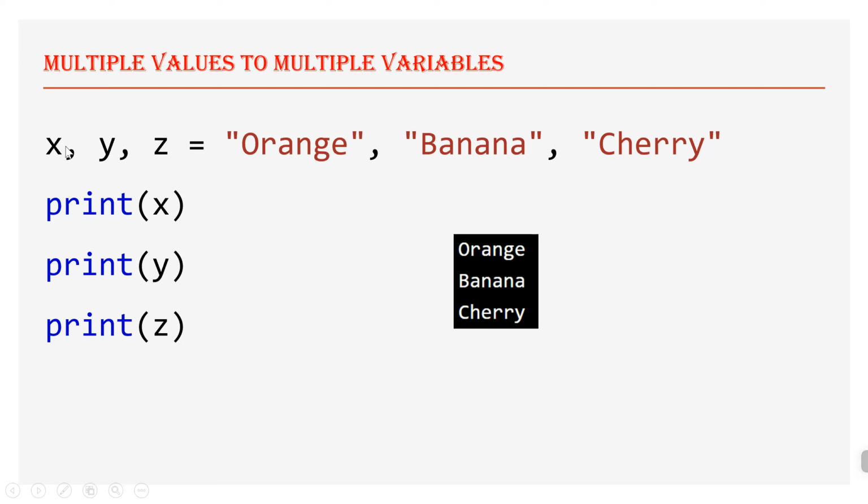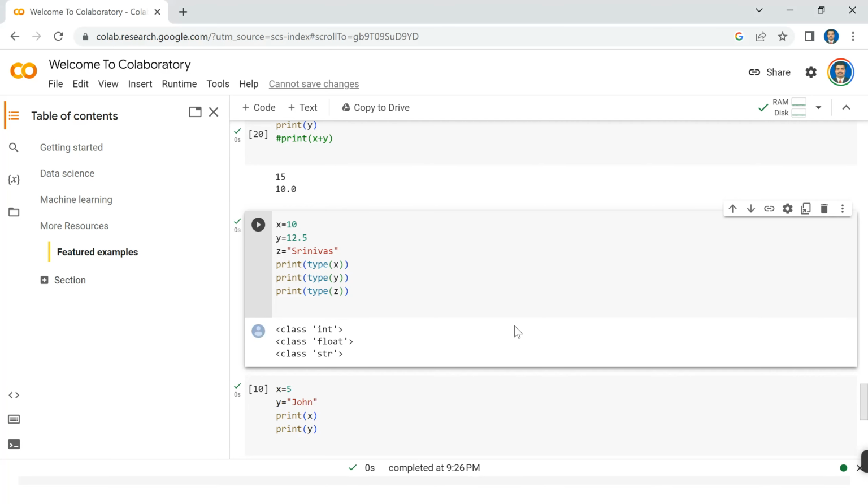How many variables are there? 3. How many values are there? 3. So X will get orange, Y will be assigned banana, Z will be assigned cherry. So print X, orange; print Y, banana; print Z, cherry. Let us practice it and see.